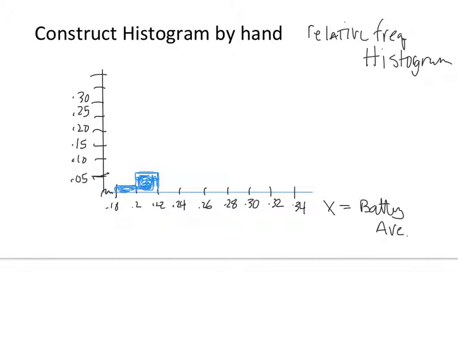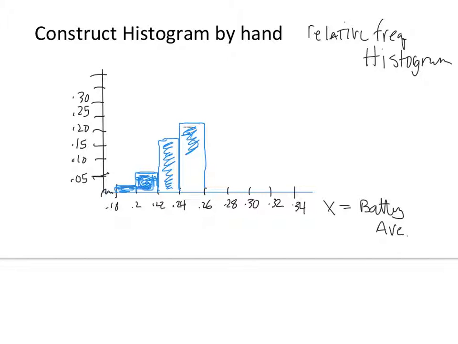For the interval 0.22 to 0.24, I had about 15.4% of the batters getting that range of batting averages. Between 0.24 and 0.26, I had about 22.1%, so that's about where I'm at. It may be that's a little too high.